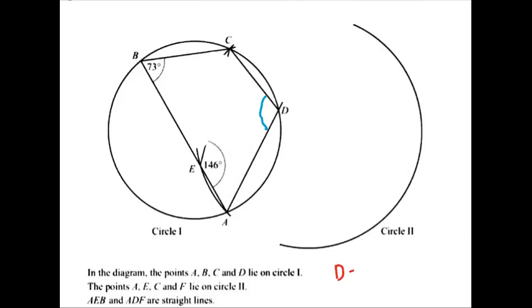So angle D plus B, since they are the opposite angles in a cyclic quadrilateral. What is a cyclic quadrilateral? Any four-sided figure whose four corners are touching the circumference of the circle. The sum of opposite angles is 180 degrees. We have B, okay? So D would be 180 minus 73.